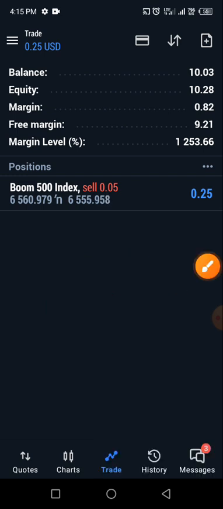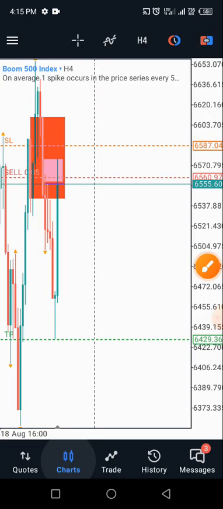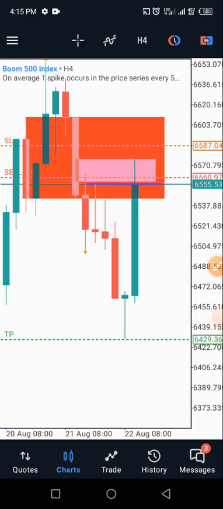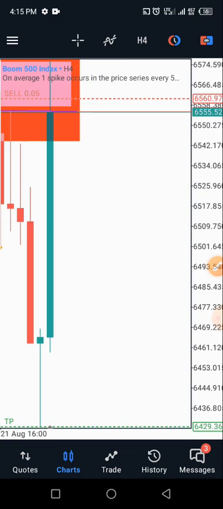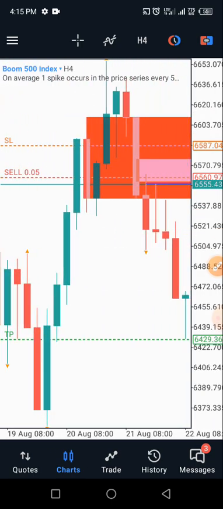I was able to spot this entry using the breaker block concept. Remember, whenever we talk about the order block, our order block is simply the last buy or sell candle before a sell or a buy.